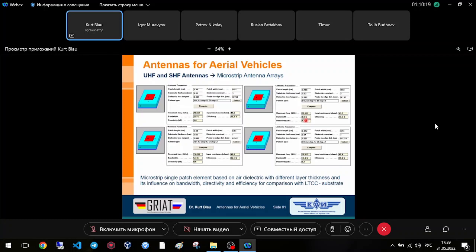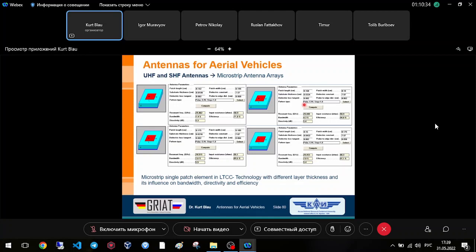Also the directivity: 9.6, 9.6, 9.3, 9.2. And here the bandwidth is also much larger in comparison to the patches which have a very high permittivity. What is the reason?